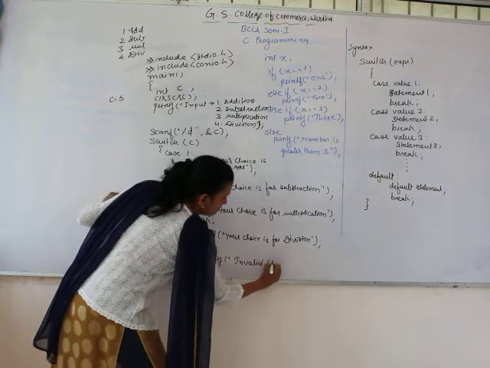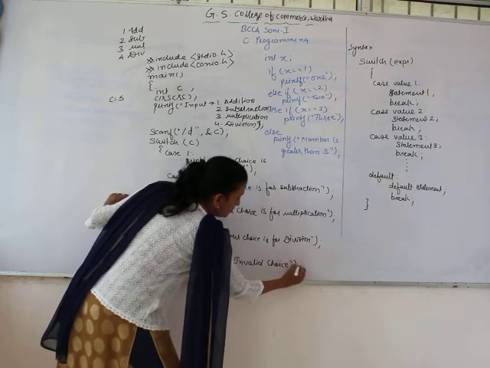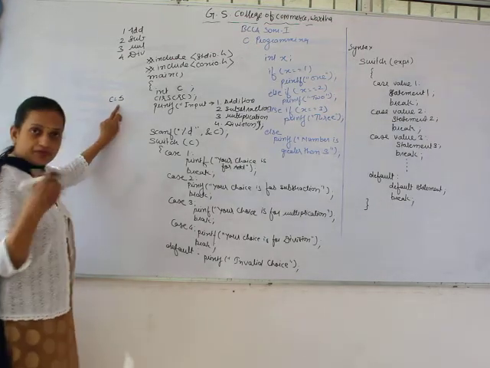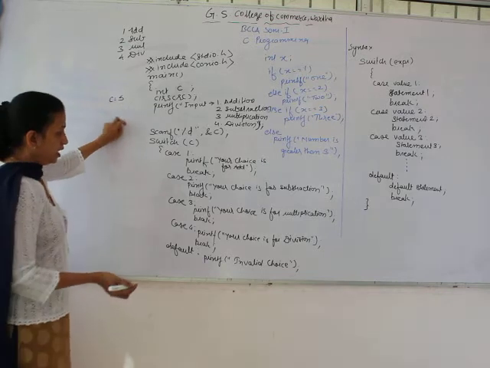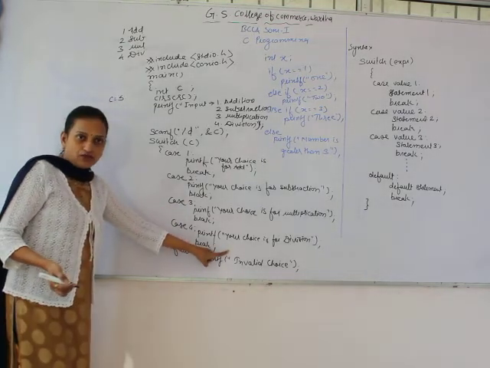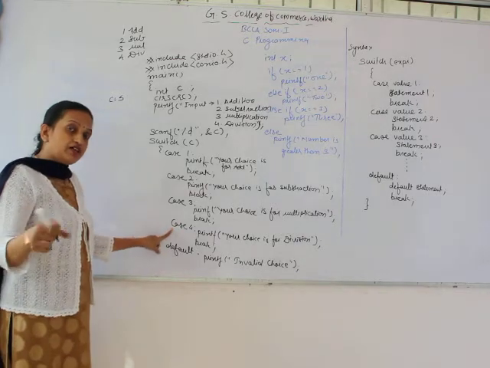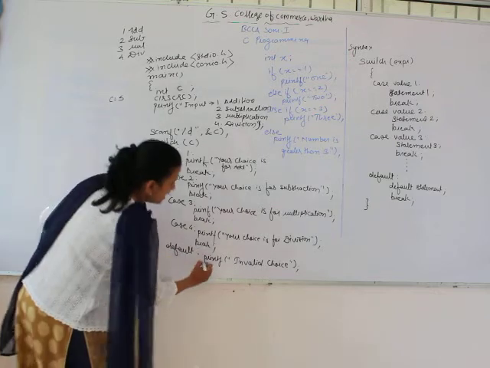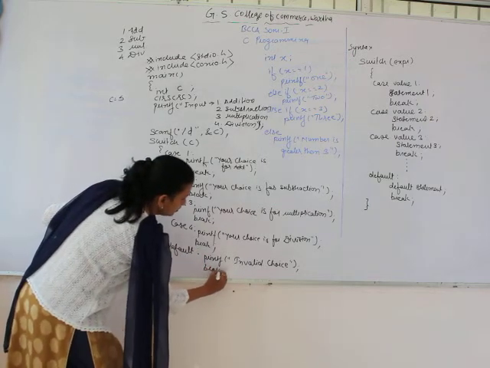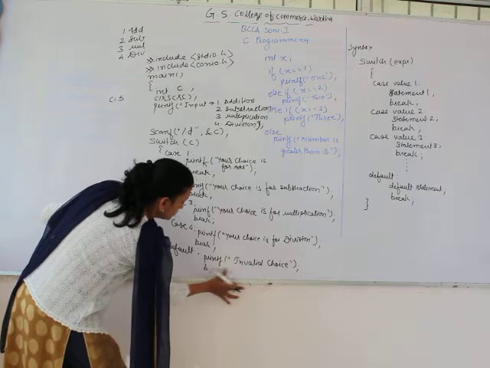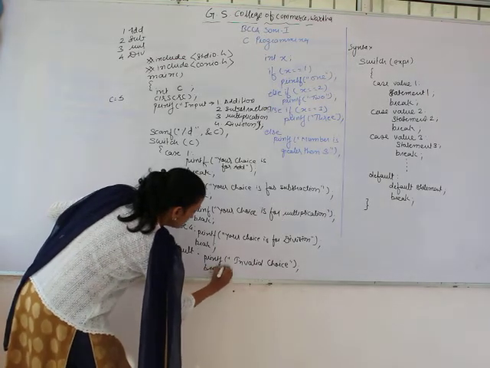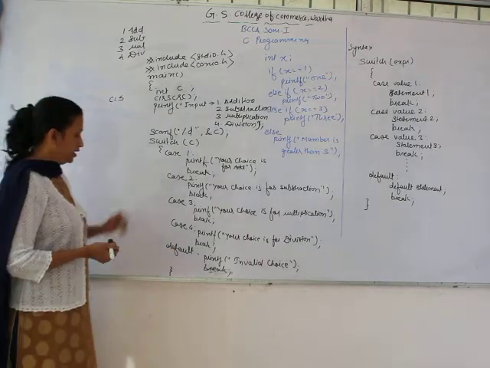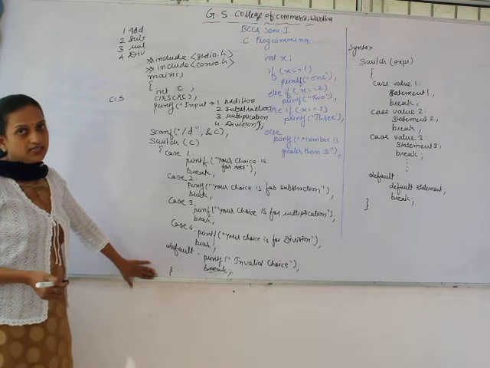So the message of invalid choice will be printed if the user inputs a value of c greater than 4. Up to 4 we are specifying the statements over here, but if the user inputs a value greater than 4, then it will print invalid choice and break. So in this way you can use the switch case statement.